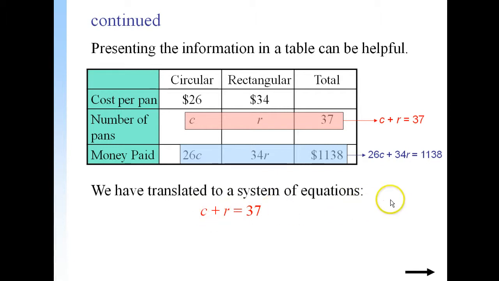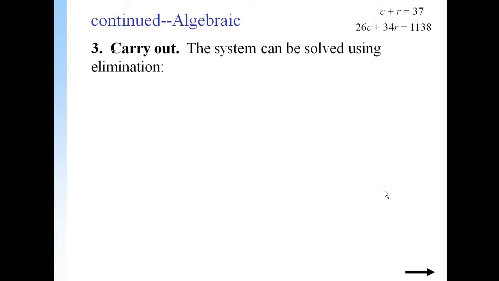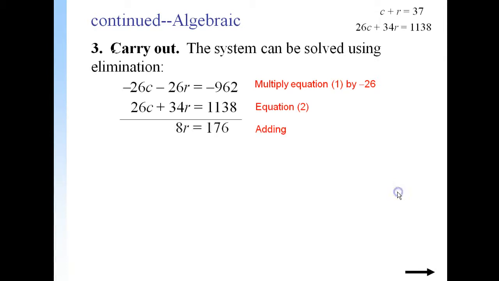Going to solve for one of these letters. And, oh, they're going to use elimination this time also. Okay. Could have used substitution. And 8R equals 176. R is 22.